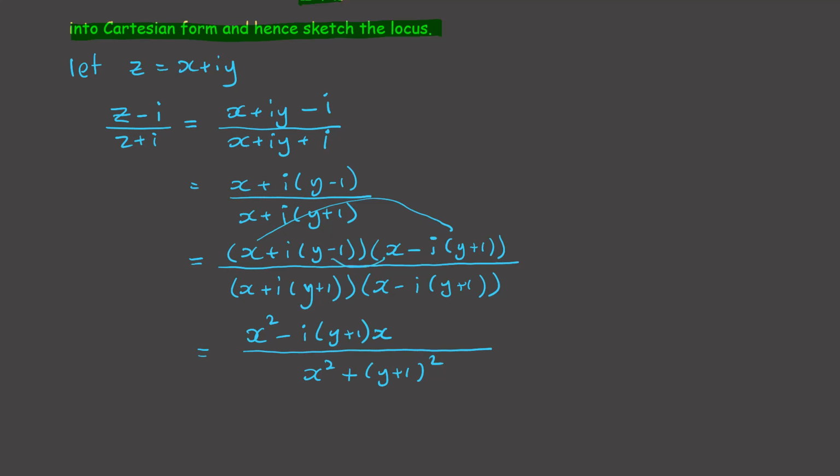Then we're going to do this one, so that's going to be plus i(y minus 1)x. And then finally we'll have minus i squared (y minus 1)(y plus 1). Now the imaginary parts of this are going to be these terms in the middle.